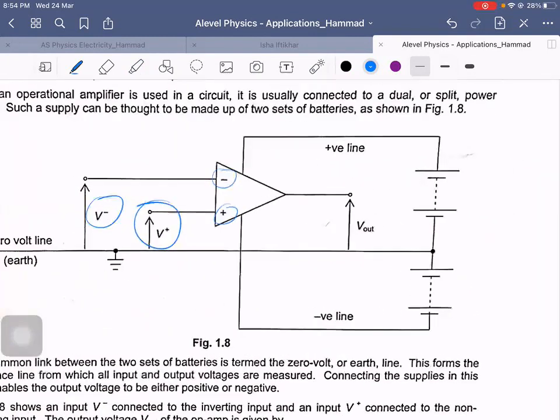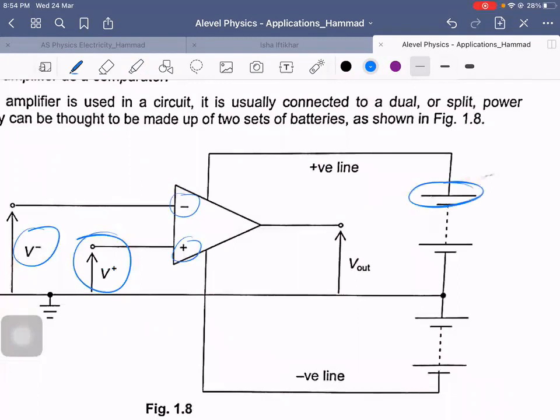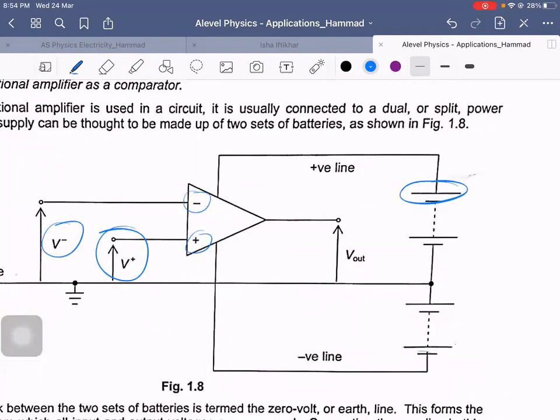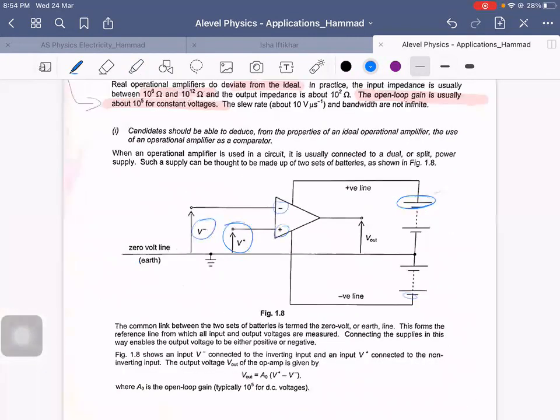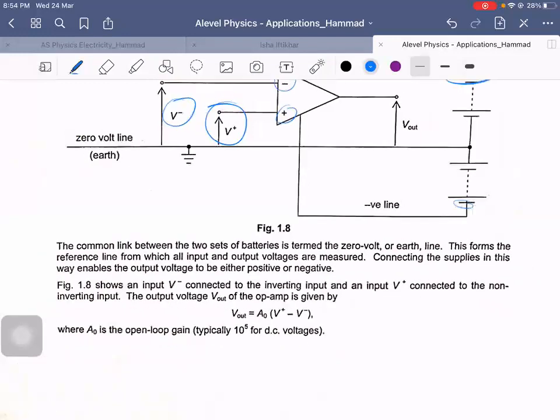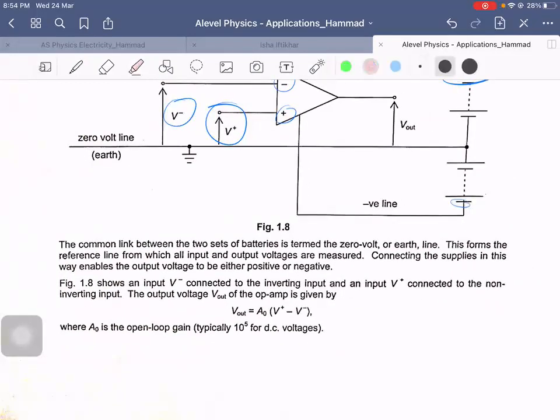The positive supply line comes from the positive part of the battery, and the negative supply line comes from the negative part of the battery. The common link between the two sets of batteries is termed as the 0 volts or earth line. This forms the reference line from which all the input and output voltages are measured. Connecting the supplies in this way enables the output voltage to be either positive or negative.